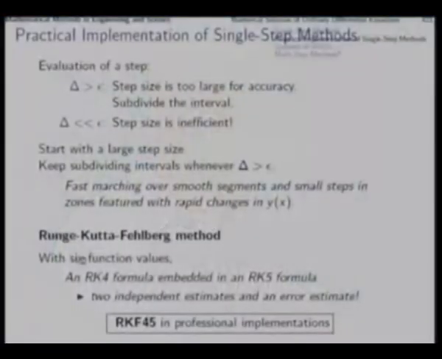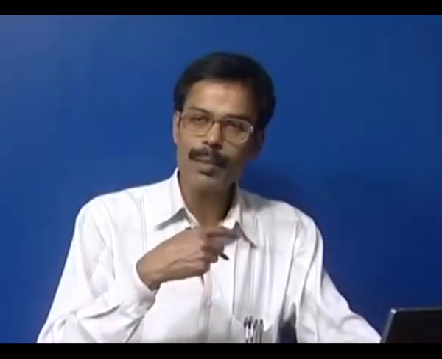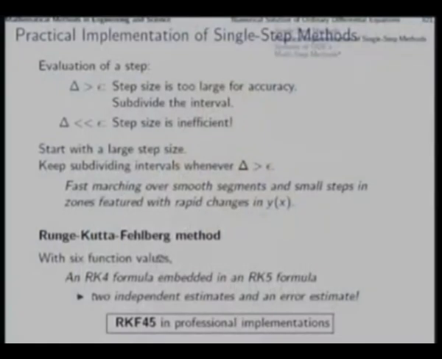Now, with this situation, with 6 function values, a fourth order formula is found embedded in a fifth order formula, and this helps you in 2 ways. That is, you get 2 independent estimates of the value of y n plus 1 and an error estimate based on the same 6 function evaluations, and this is called Runge-Kutta-Fehlberg method, and most of the professional implementations use that, RKF45.